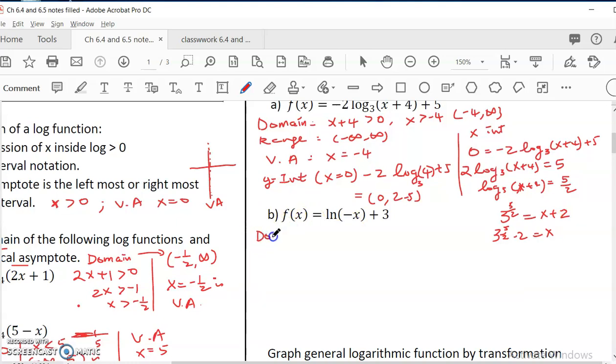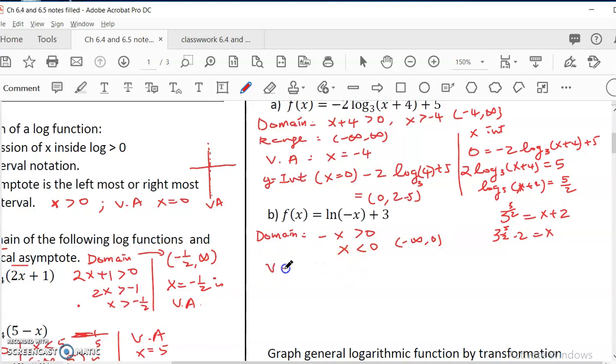Let's do the other one. The domain is where the inside is positive. You might wonder, how can I do that? Negative x is greater than 0, which means x is less than 0, because if you multiply by negative 1 on both sides, you switch the inequality. That means x is negative, from negative infinity all the way to 0.